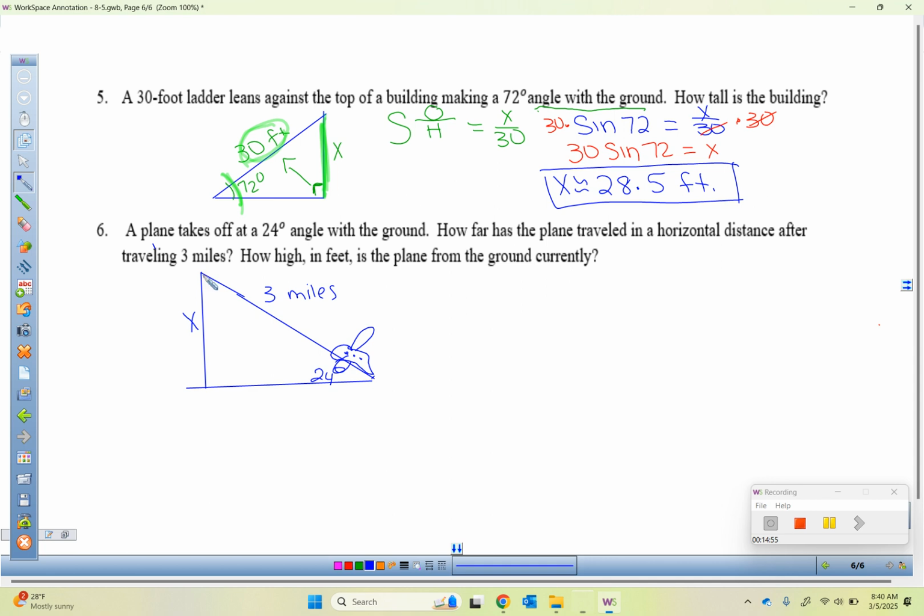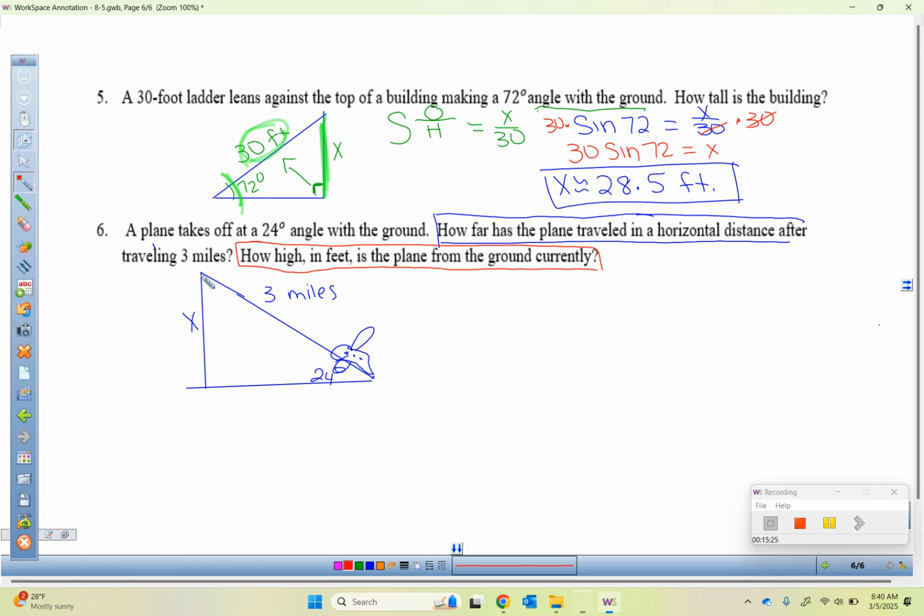How high in feet is the plane from the ground currently? Okay, so we actually have two different questions. So we have how far has the plane traveled in a horizontal distance? And then we have another one that says how high in feet is the plane from the ground currently?